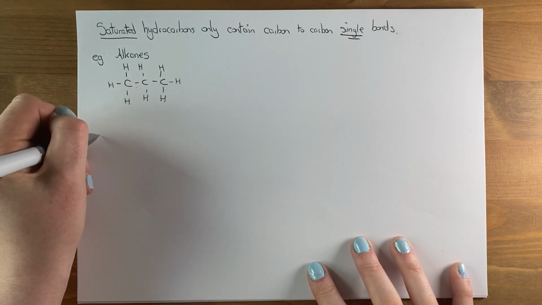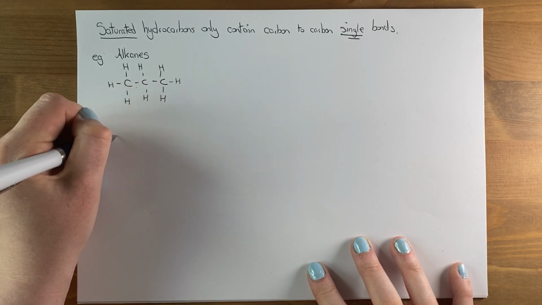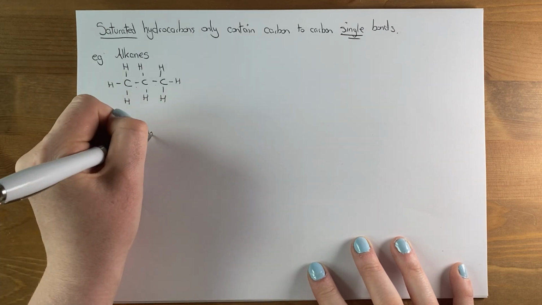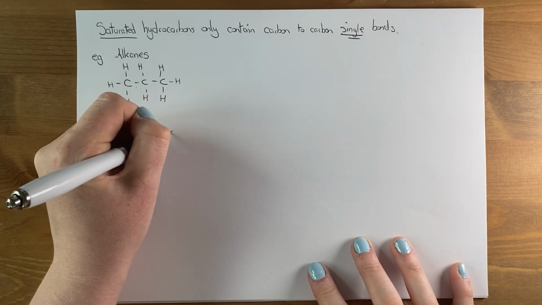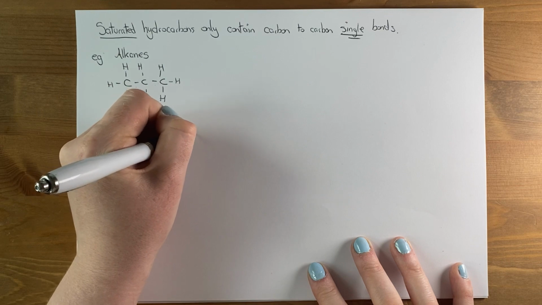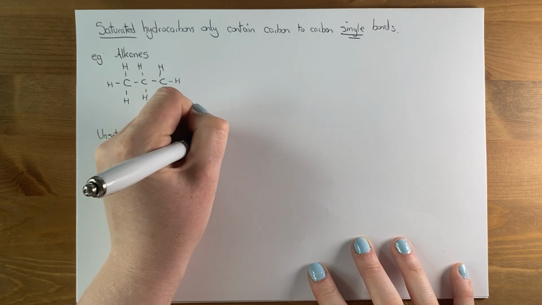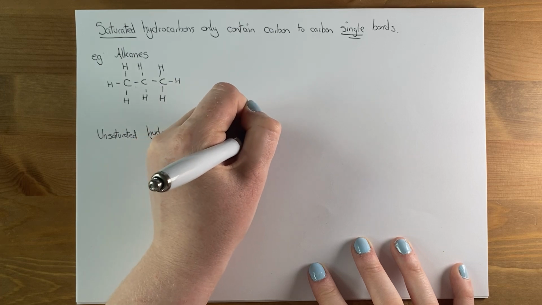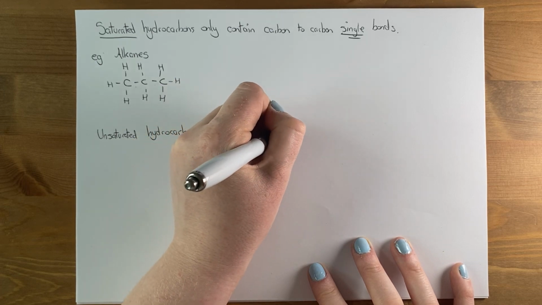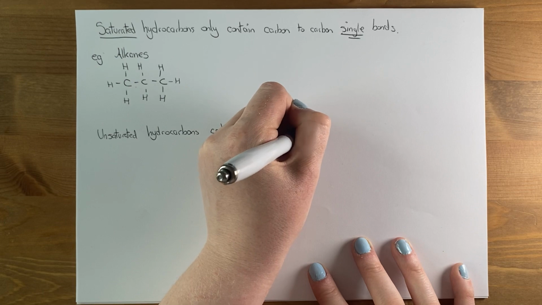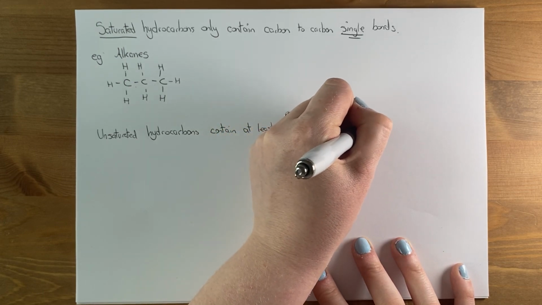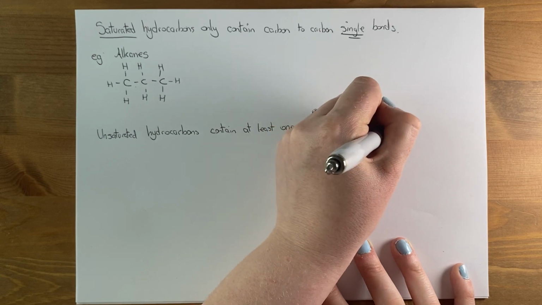So you can probably imagine unsaturated hydrocarbons contain at least one carbon-to-carbon double bond.